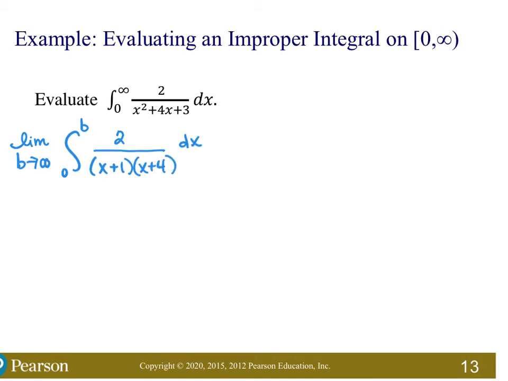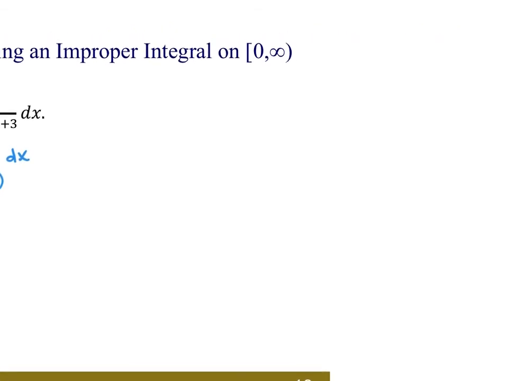Now, in order for me to be able to integrate this, we're going to have to do a little work on partial fractions. So we'd have to zoom over here to the side and set up A over x plus 3 and B over x plus 1, and that needs to come out equal to 2 over x plus 3 times x plus 1.